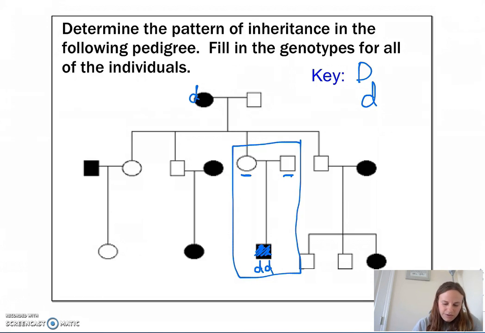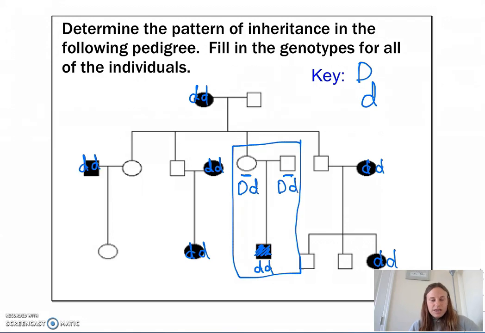So I could have recessive, recessive, recessive, recessive, recessive, recessive. Now let's see if this would work. Could I potentially have a child that has a recessive trait with parents that don't express the trait? Absolutely. They would just have to be heterozygous.